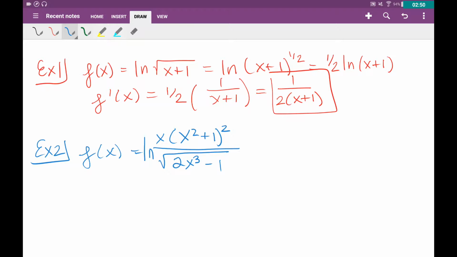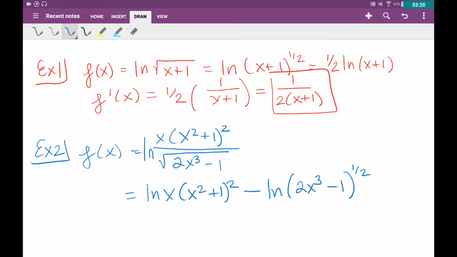So this whole problem is a division problem, so when I rewrite this, not finding the derivative right now, we're simply rewriting it in nice ways, it is the natural log of everything on the top minus the natural log of everything on the bottom. And I'm going to rewrite this at the same time. The square root is just the same thing as saying to the 1/2 power.